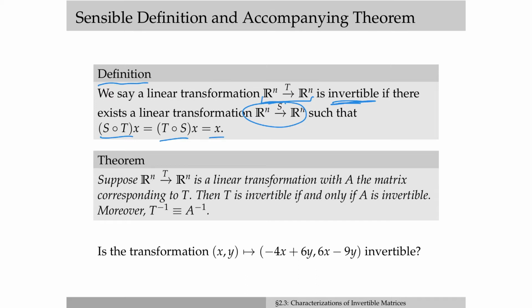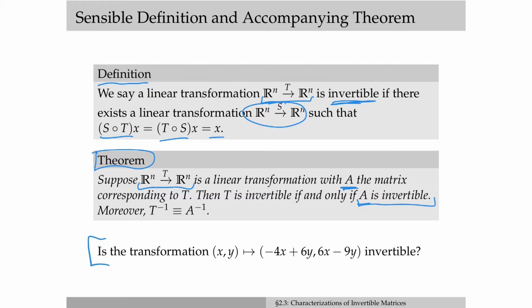Well, this is something we already know because it's just saying what the theorem says right here, which is a linear transformation with corresponding matrix A is invertible if and only if the actual matrix is invertible. Okay, so it's really us exploiting this one-to-one correspondence between linear transformations on finite-dimensional vector spaces and invertible matrices. So again, not surprising whatsoever.